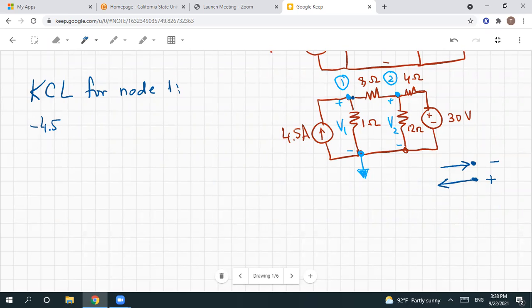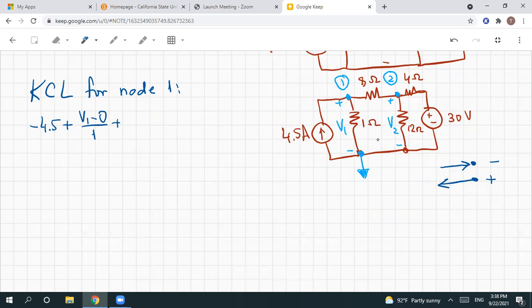So the voltage difference here is V1 minus the voltage at the reference, and the voltage at the reference is 0, divided by the resistance, which is 1. And since this current is leaving, it will be positive. So plus V1 minus 0 over 1 ohm.